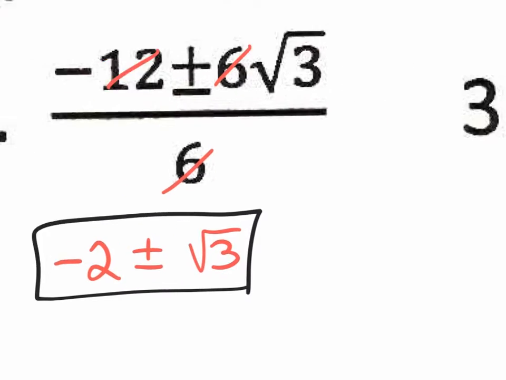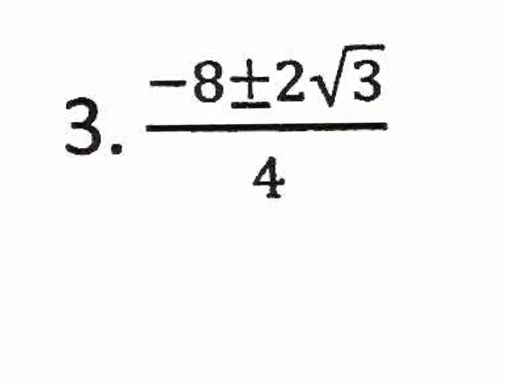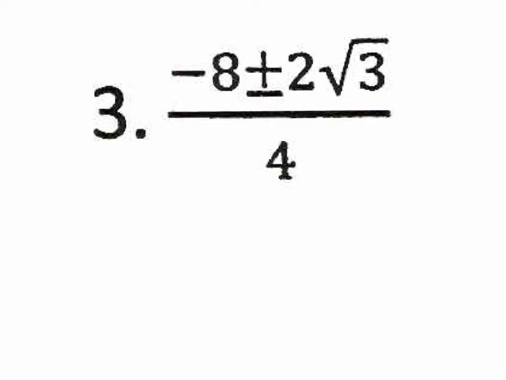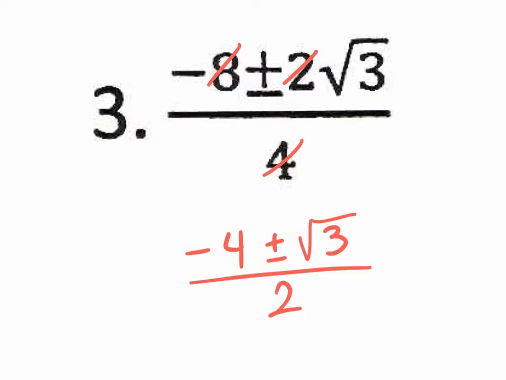Let's go to number 3, guys. Stay with me, please. What could I reduce number 3 by? By 2. So, reduce by 2, by 2, by 2. What's our final answer going to be? Negative 4 plus or minus square root of 3 over 2.